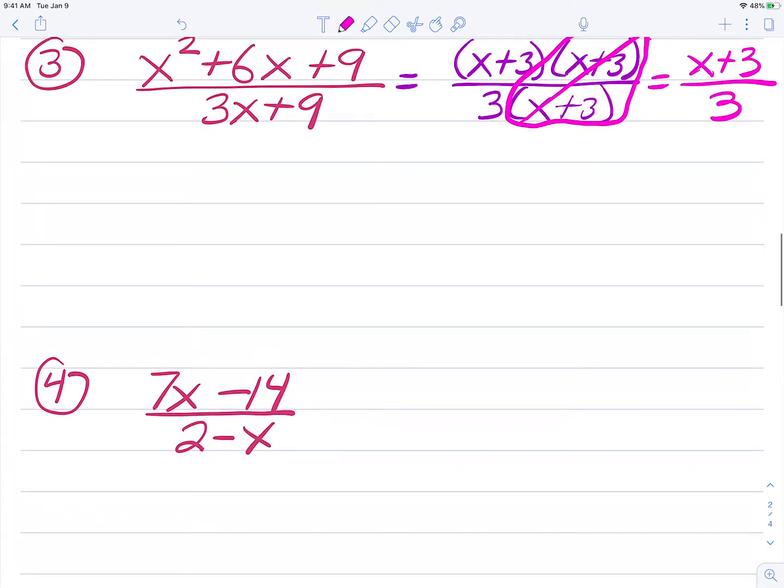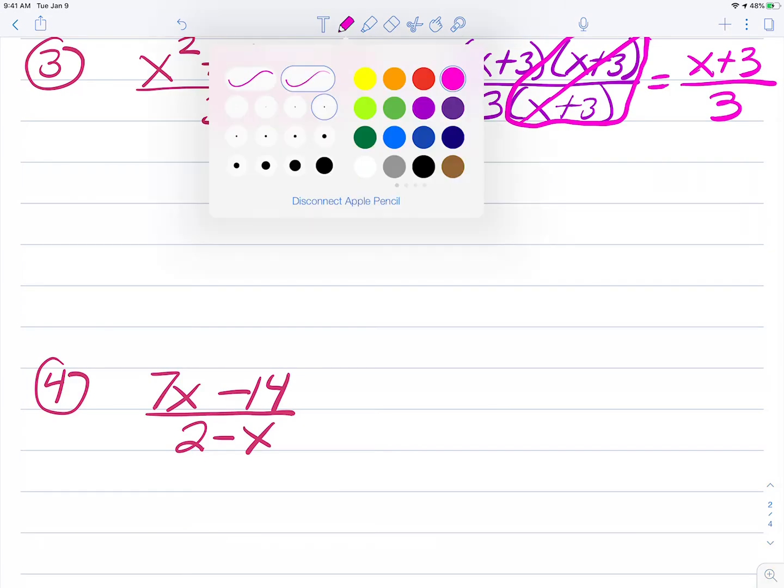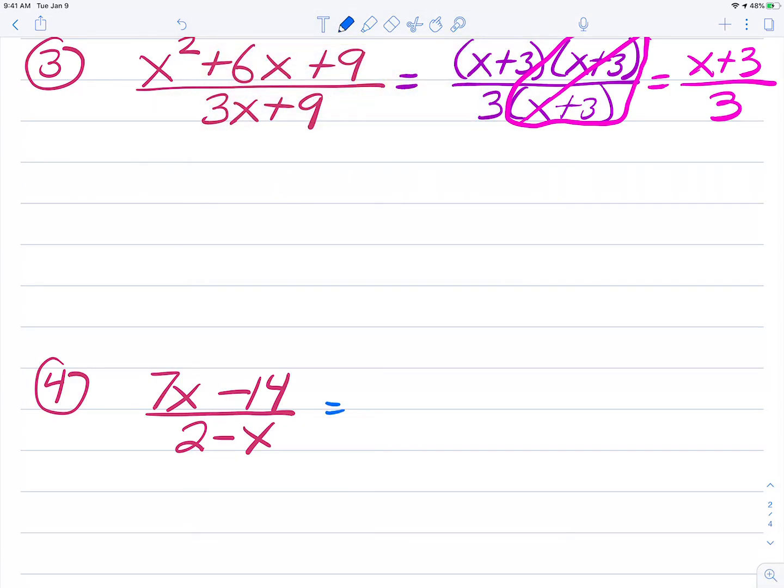Problem number 4. The numerator has a GCF of 7, so I'm going to factor out a 7. So 7 times x minus 2. Now if I look ahead at this problem, the denominator says 2 minus x, not x minus 2. It's backwards. So one of the things you can do if you need to flip over a binomial is factor out a -1.